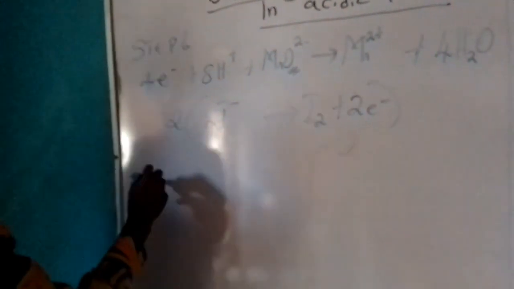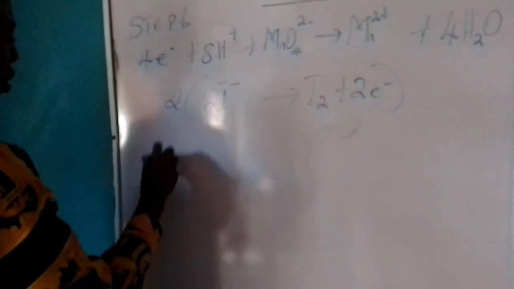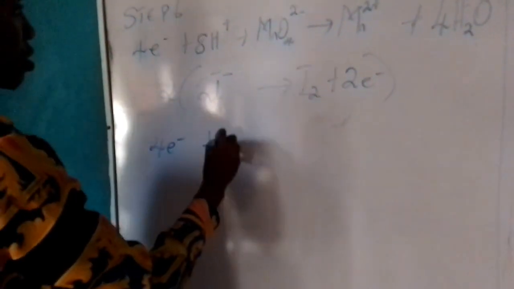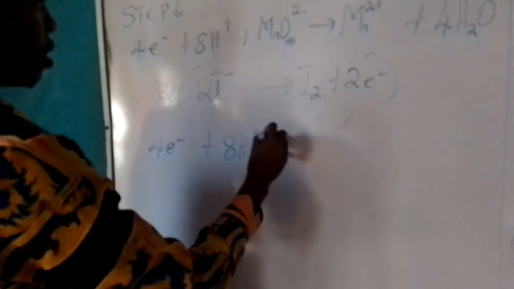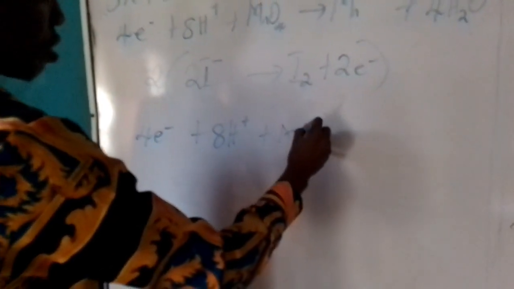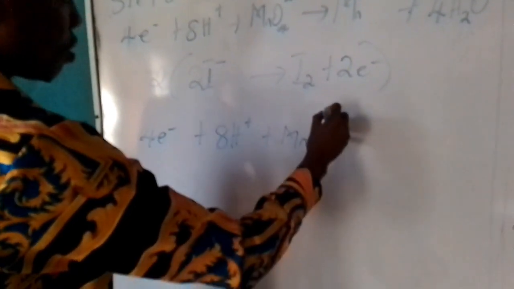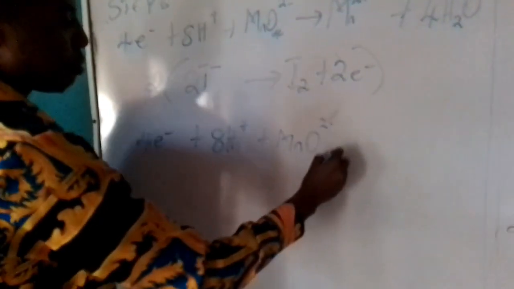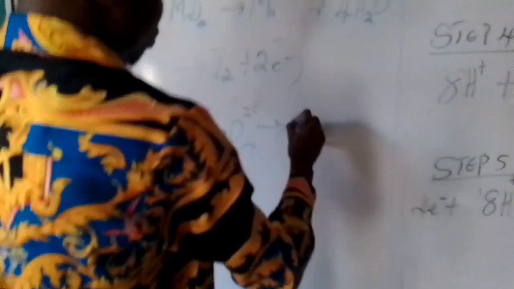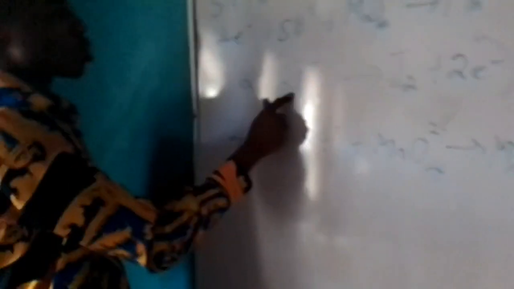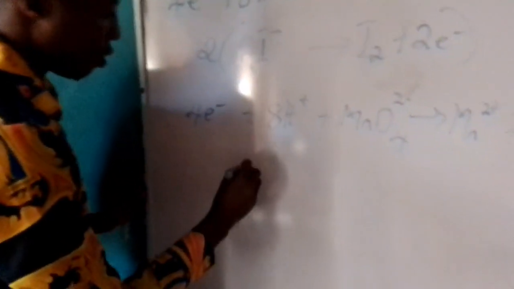So if we bring this down, we have 4 electrons plus 8 hydrogen ions. Now 2 times 2 is going to give us 4.